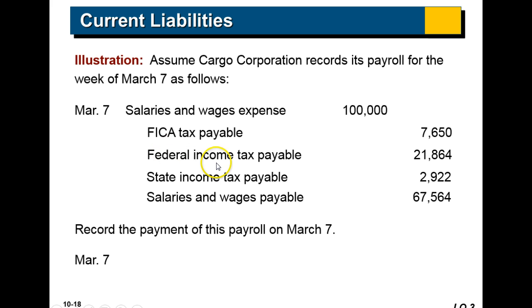The federal income taxes that came out of everybody's checks are $21,864. The state income tax payable is $2,922. So really, everyone's only going to get to see $67,000, or basically 67% of that total. Roughly 33% gets taken out for federal, state, and Social Security. So this records the payment of payroll.